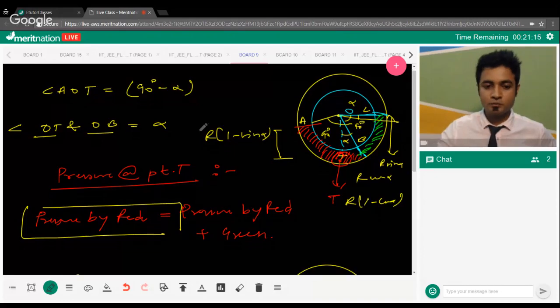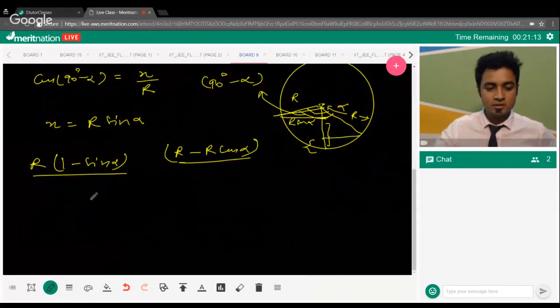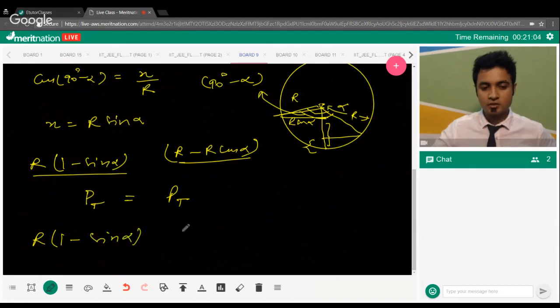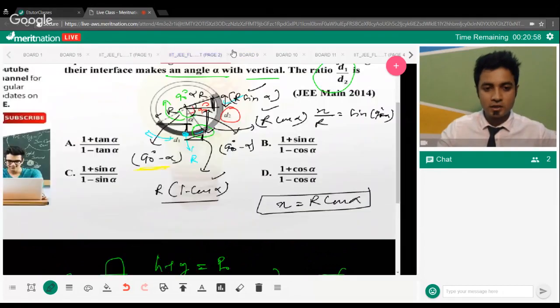You just need to put all these things in the equation. So pressure at point T is equal to pressure at point T. What is rho? Rho, you can take d. Sorry, they have given it as d1 and d2, right?